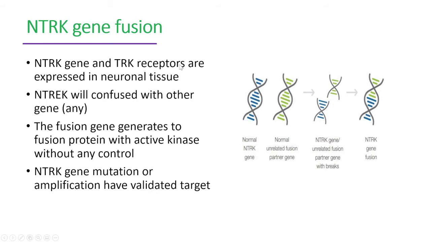NTRK gene and TRK receptors are expressed in neuronal tissue, so they are expected to maintain the health of CNS function, and usually within the fusion, the NTRK will fuse with any other gene. And usually the gene does not mutate or do amplification. It's only the fusion for the NTRK receptors and NTRK gene.